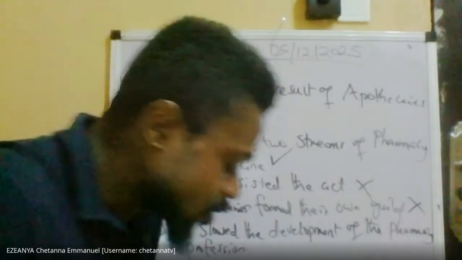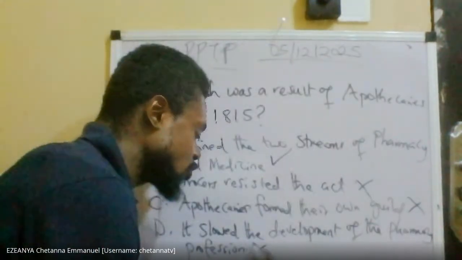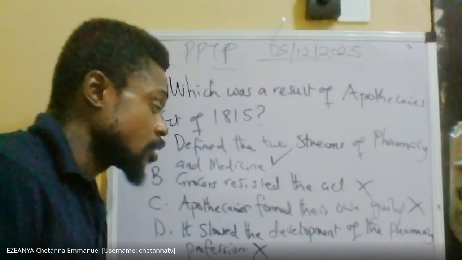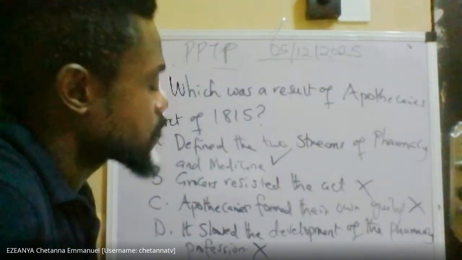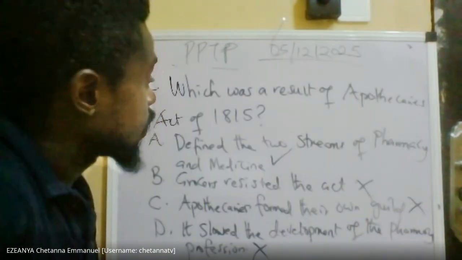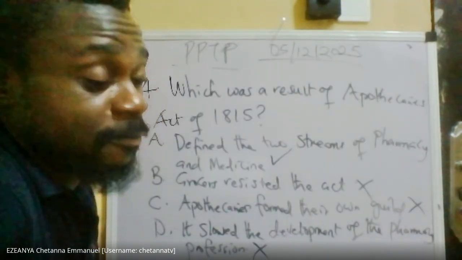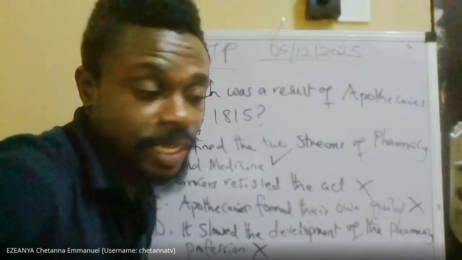So it did not slow it down. Instead, it helped to improve and at the same time create a very good image for the profession. So the answer is what? A.